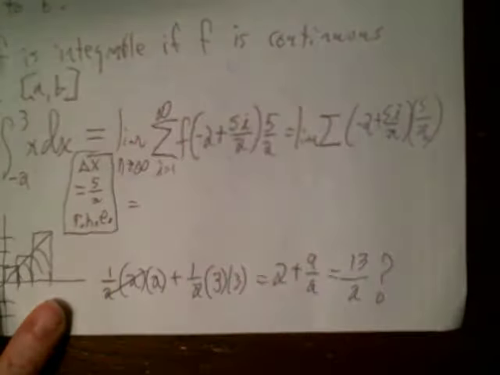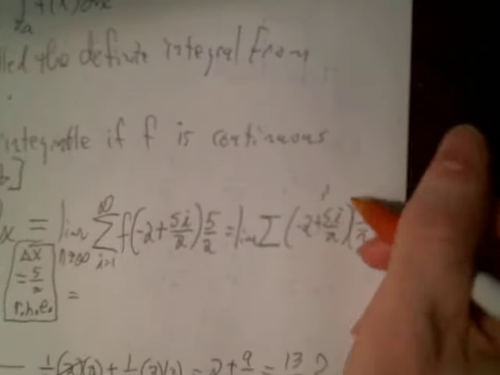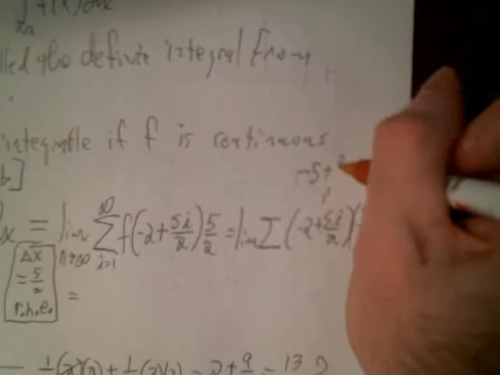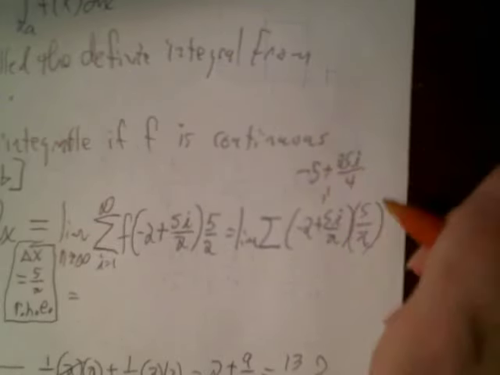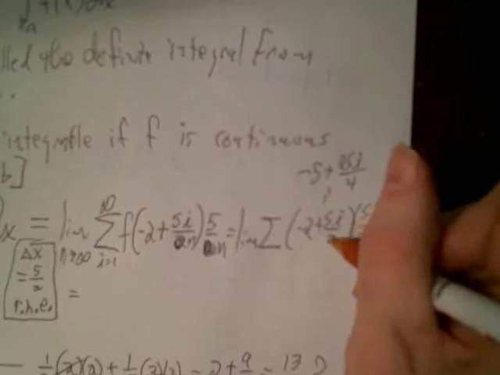And then that'll equal, what does this equal? So this is -5 plus 25i over 4. Or rather, whoops, this should be n right here. Sorry, guys. These are n's.